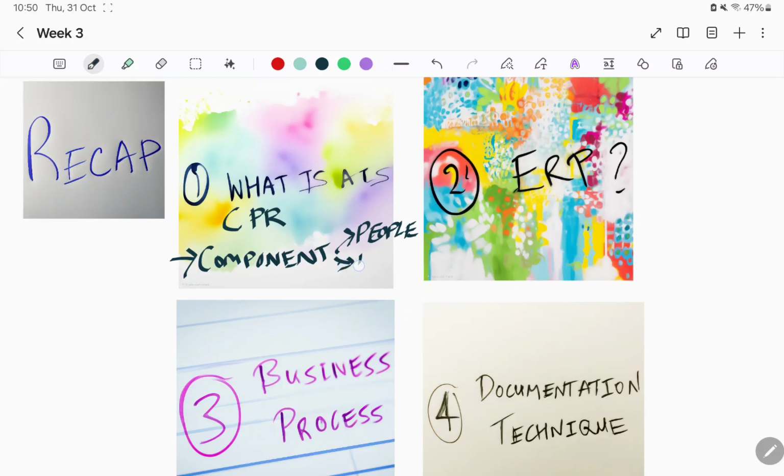There you go. Another one is the process. Of course, we need the hardware, the software. These are the components.